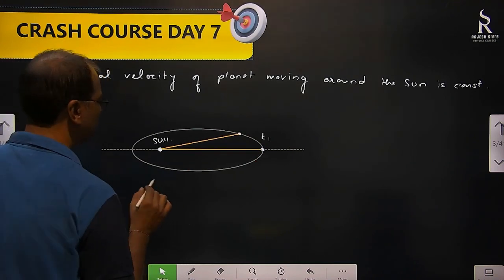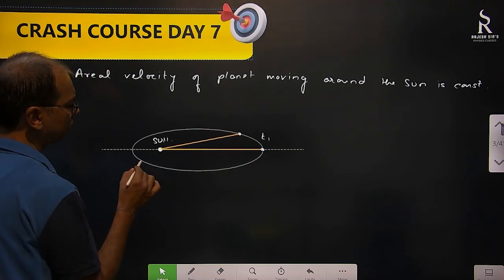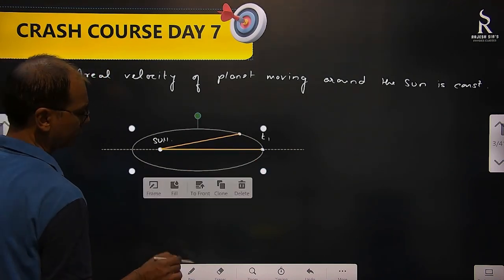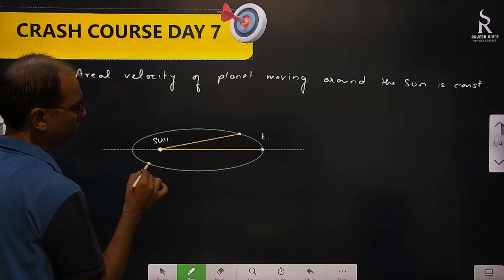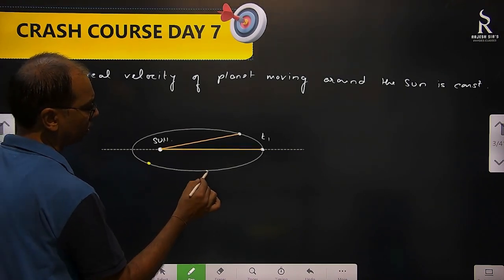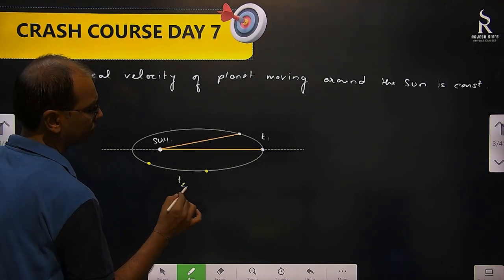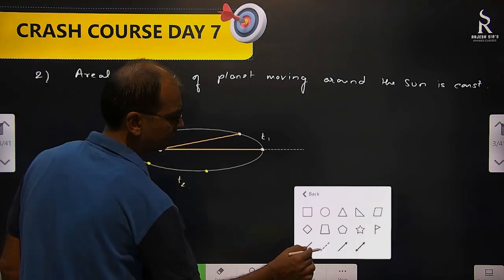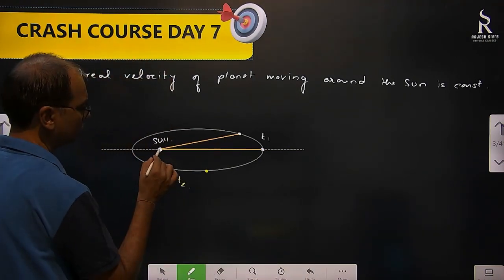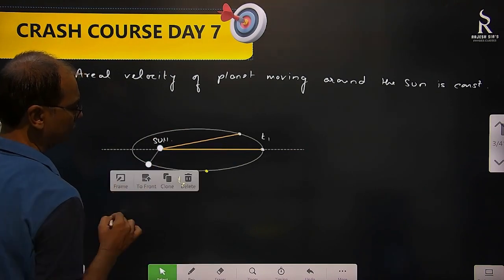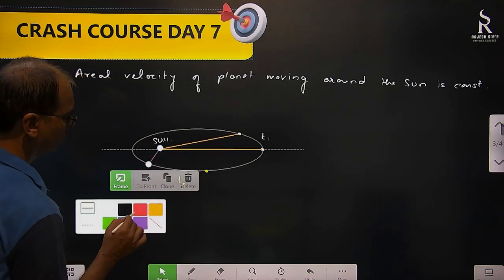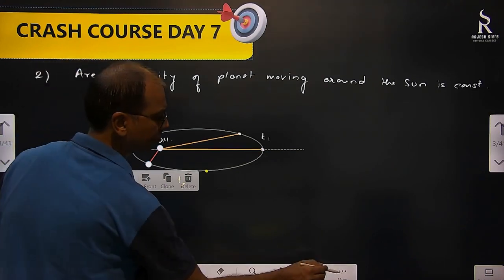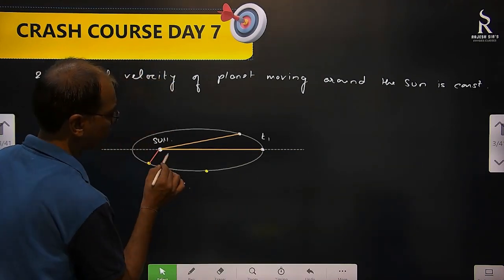Suppose next, the same planet is here and then it is here in time t2. Again, join this, and then join the other one also.